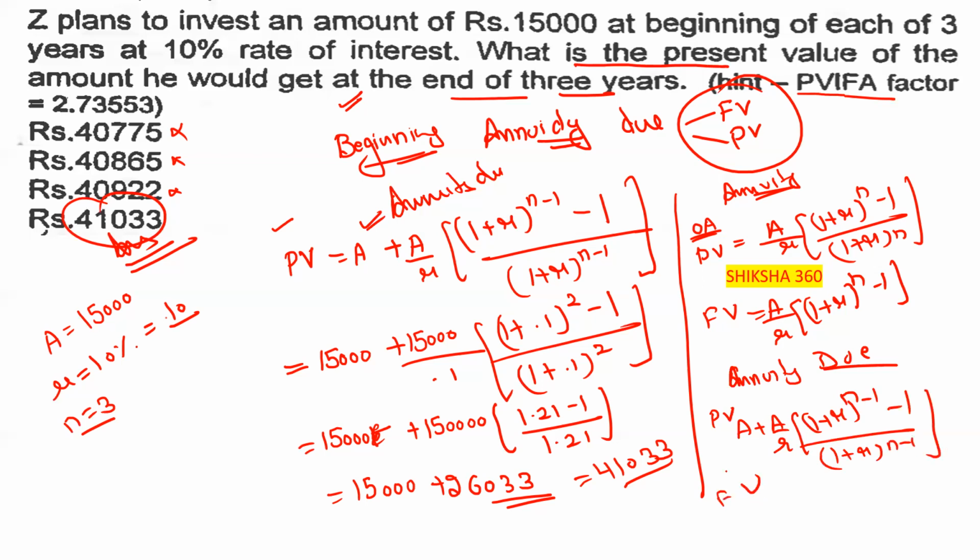Next is the future value, which is equal to A upon R into 1 plus R power n minus 1 into 1 plus R. So all these four formulas you have to remember.